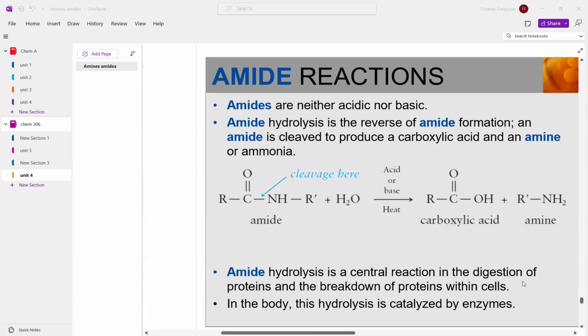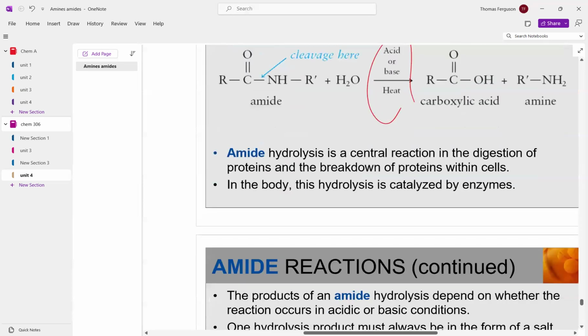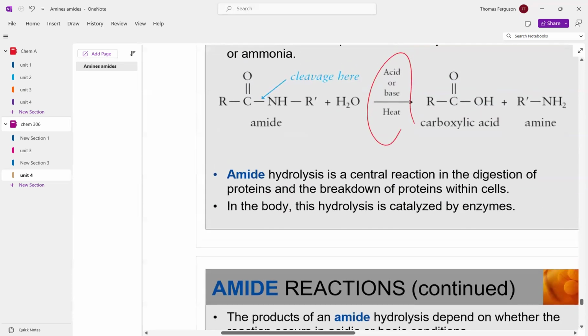Now, amines are basic. Amides are not. They're neutral. Unless you take them apart. We hydrolyze them, then they become separate amines and acids. So if this is a protein, we have an amine and an acid attached together to make an amide.